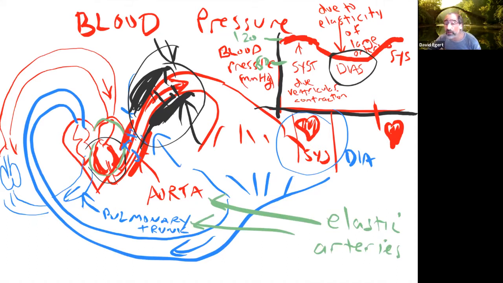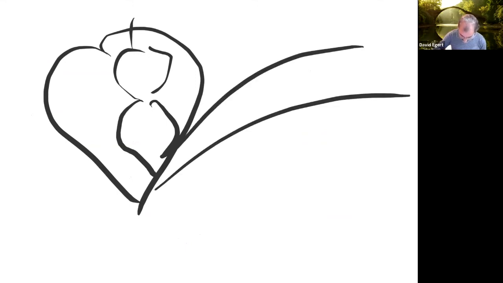And then this will also come back to what I was talking about in the cardiac cycle about those two phases of ventricular contraction. So now here's the heart, here's the ventricle, here's the aorta.